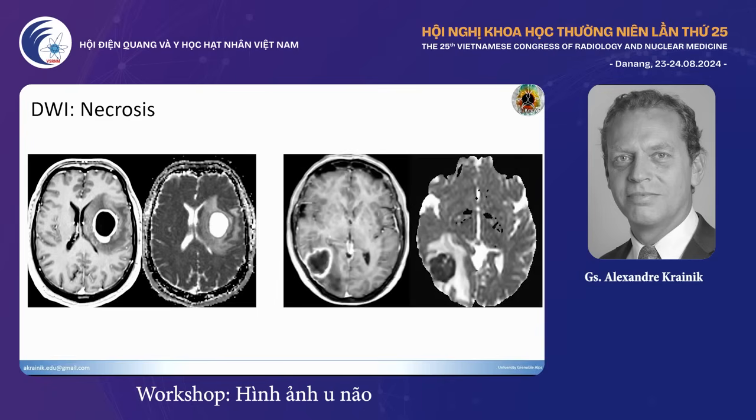And here, on the contrary, you have a ring-enhancing lesion, and you see that the content has a very low ADC, especially when you compare it to CSF. This is typical of pus, and then this is an emergency, an infectious abscess, and it is not the same emergency as a tumor.